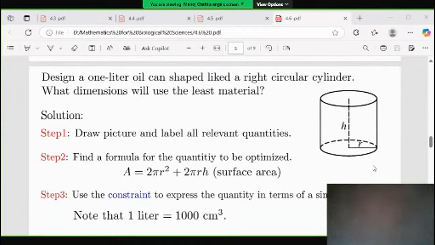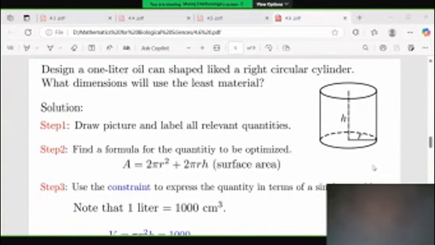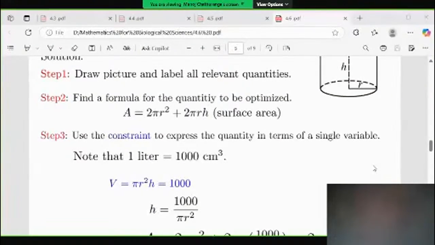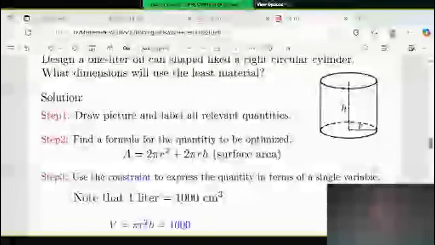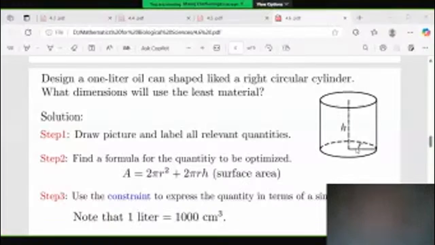What are the dimensions? What are the possible values for r? We can make it smaller as much as we want.